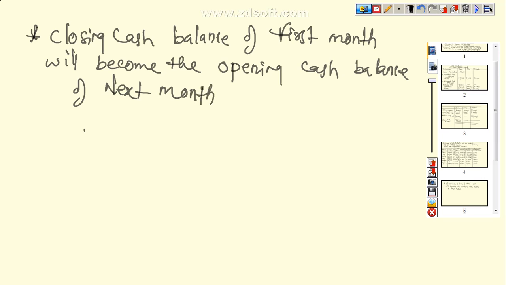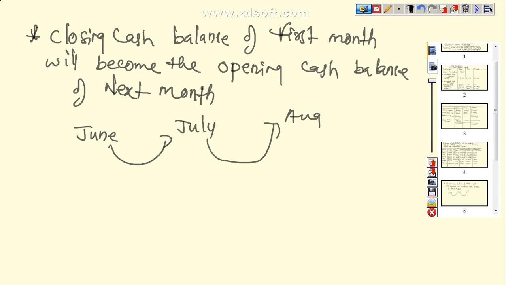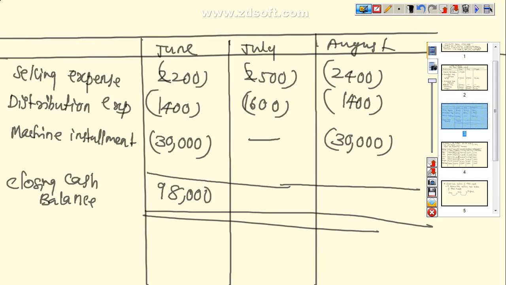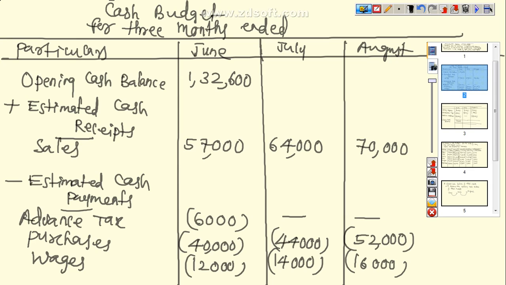Means the closing cash balance of June will become the opening of July, and the closing cash balance of July will become the opening of August, according to the question. So we have calculated the closing cash balance of 98,000. This will become the opening of the next month, so we write here 98,000.